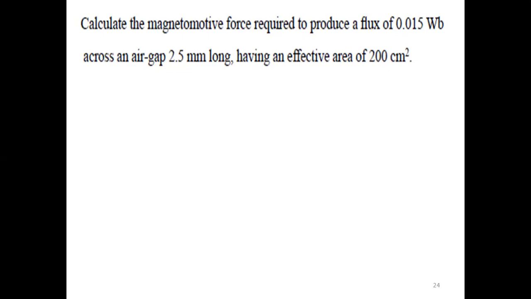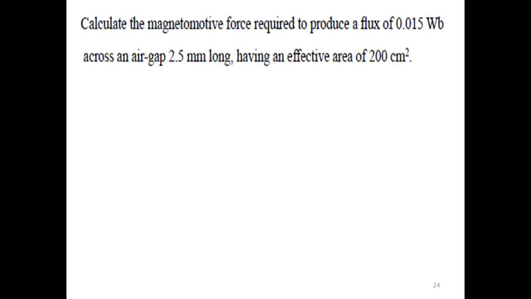MMF is nothing but NI, and NI equals HL, yes. If HL is calculated, that is also correct. Flux into reluctance also you can calculate. S equal to L divided by mu naught mu R A. First calculate S, then multiply by phi, and you get the answer.